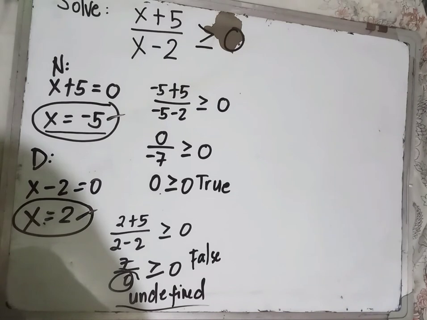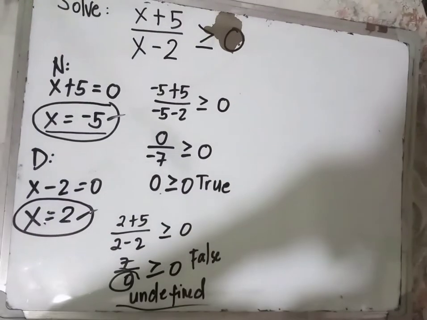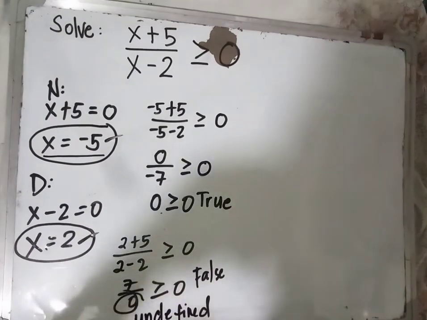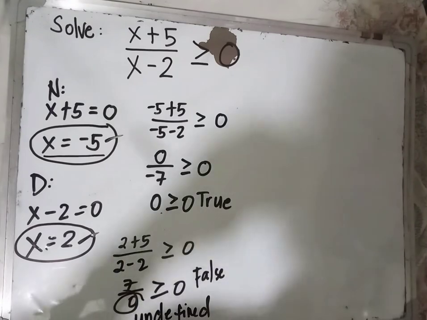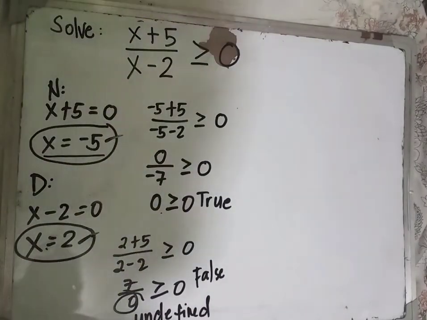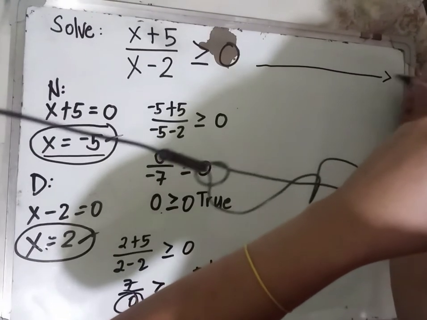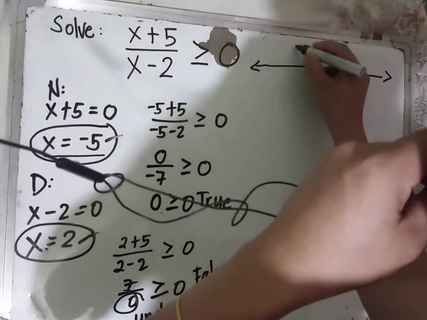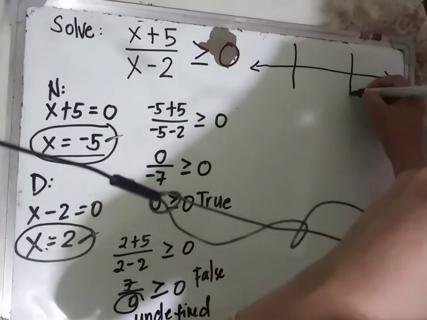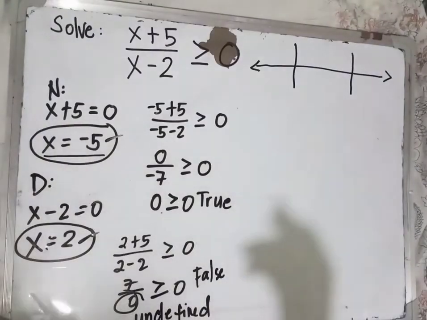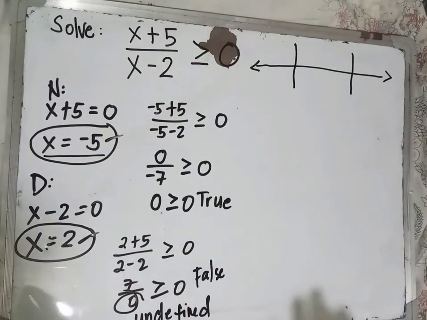Next natin, step number 3. Separate the number line into intervals using the numbers found in step number 2. So you will make a number line using the meaningful numbers. So ano yung meaningful numbers natin?